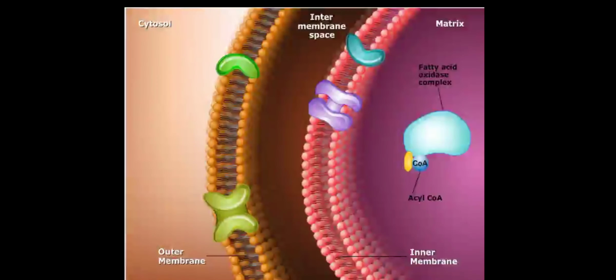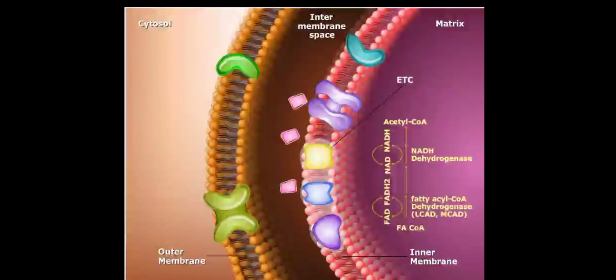Inside the mitochondrial matrix, acyl-CoA undergoes many cycles of oxidation through the action of a fatty acid oxidase complex. In each cycle, there are enzymes, such as long-chain and medium-chain acyl-CoA dehydrogenases, that oxidize the fatty acid by removing high-energy electrons, transferring them to FAD to form FADH2, and to NAD to form NADH.